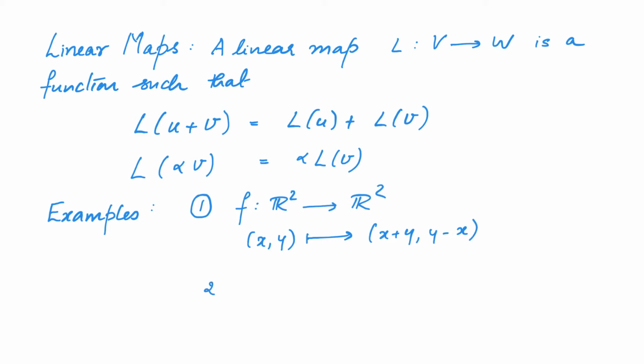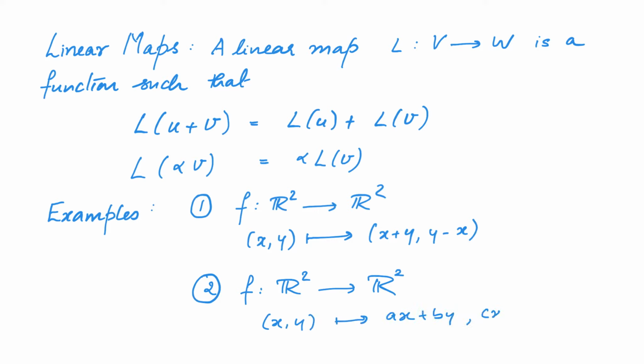More generally, we had discussed that any function from R2 to R2 that takes x comma y to ax plus by comma cx plus dy is a linear function. Let us verify once more that this function satisfies the two conditions that are required to be satisfied by a linear function.